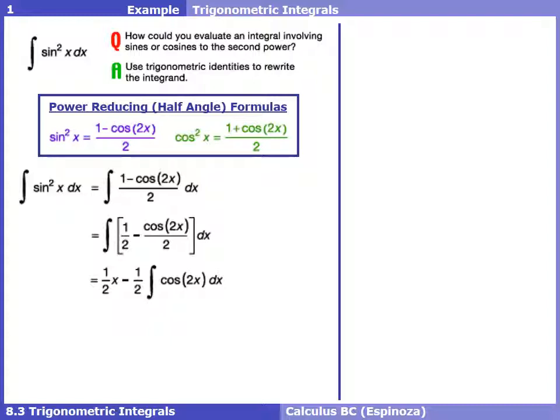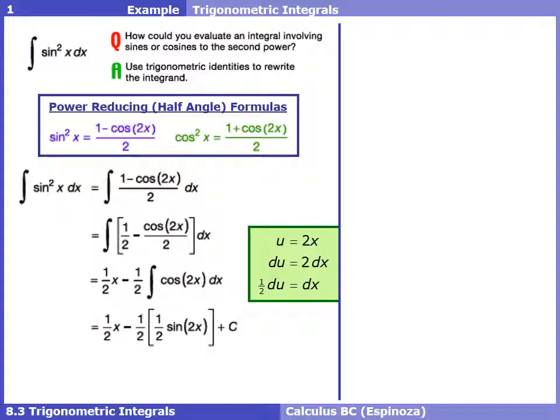Since we don't have a plain x on the inside of cosine, we're going to call that u. du would be equal to 2 dx, and since we don't see a 2 in our problem, we're going to move over that 2 as a half. So wherever we see a dx, we're going to replace it with a 1/2 du.